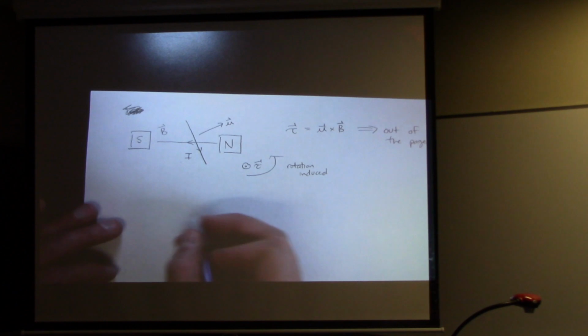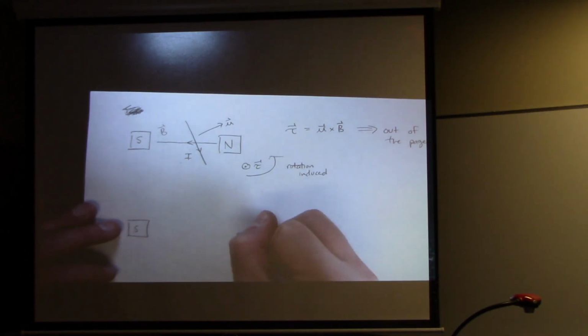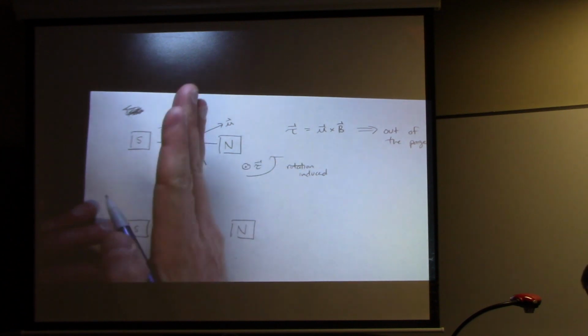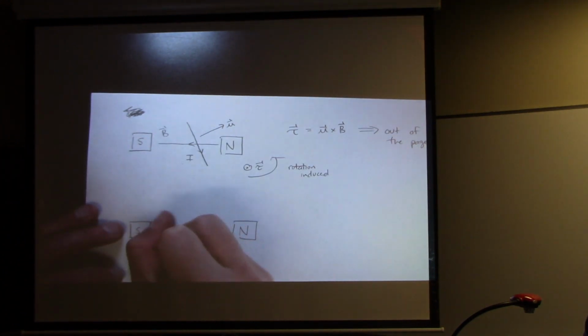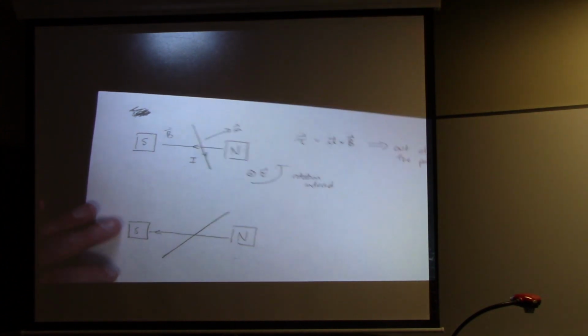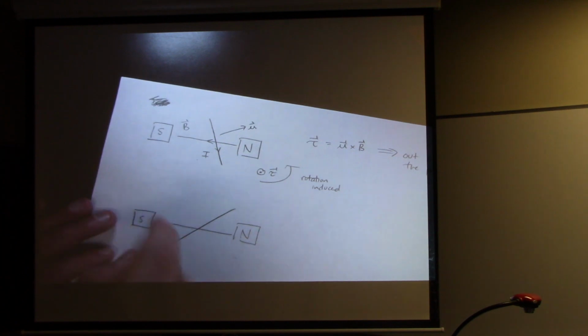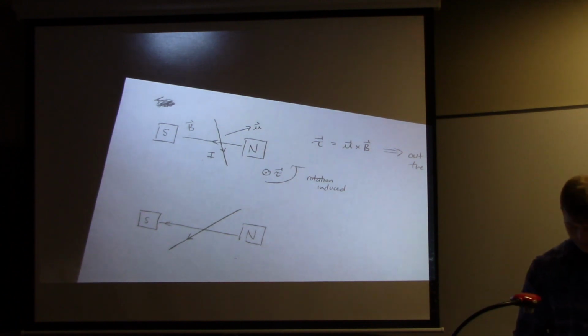Okay? So now after we pass the vertical position, where the loop is just straight up like this, now it's facing this way. Okay? So it's just past the vertical position and now it's facing this way. And let's say the current hasn't changed. It's going in the same direction as before. Okay?